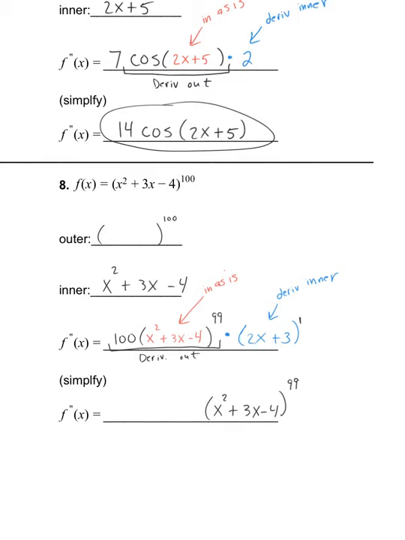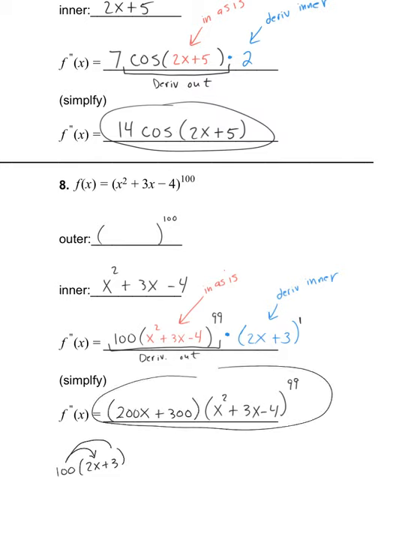I'm just going to go off to the side. 100 times 2x plus 3 to the first, we can distribute that. So we get 200x and then plus 300. So that is my derivative right there: 200x plus 300 times x squared plus 3x minus 4 to the 99th.